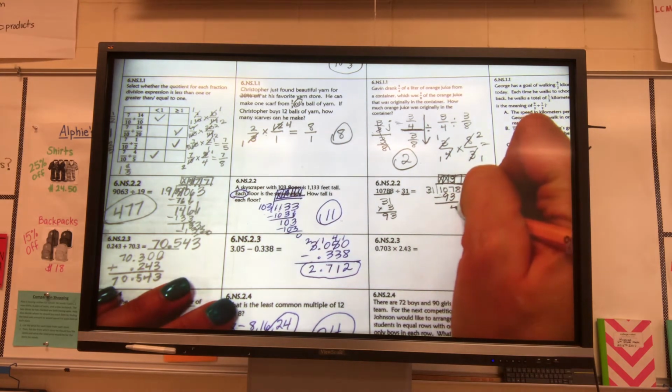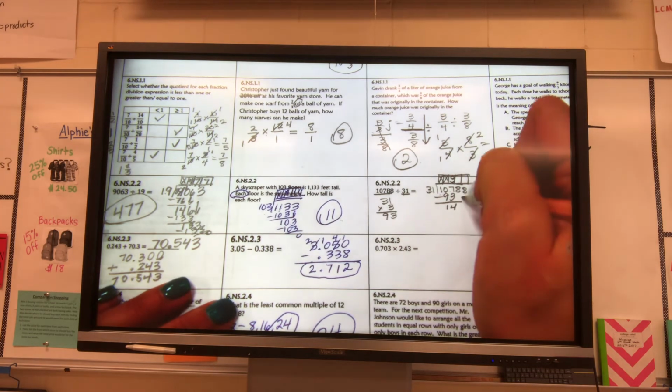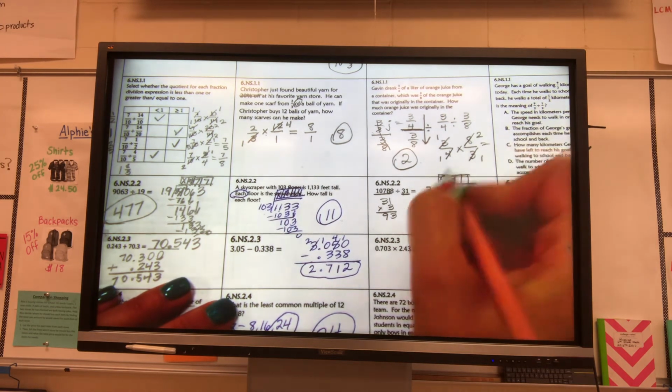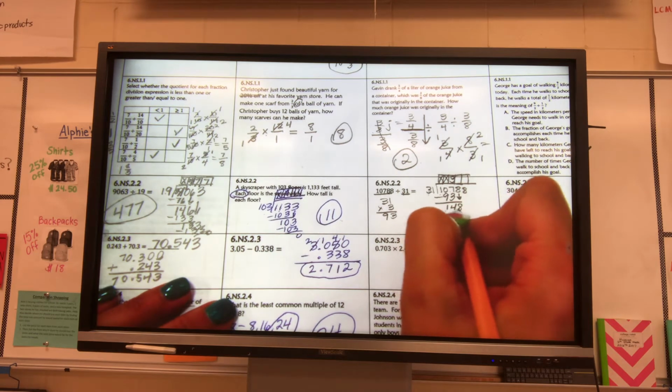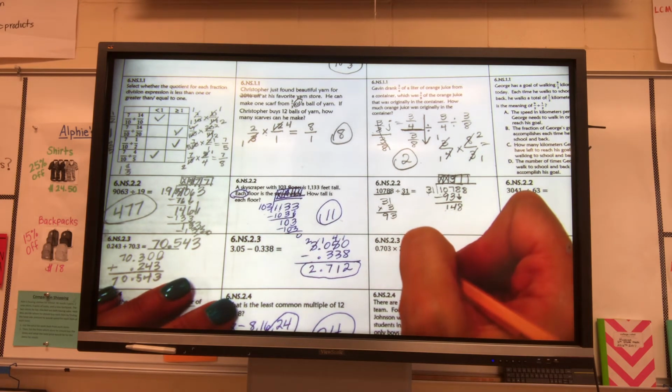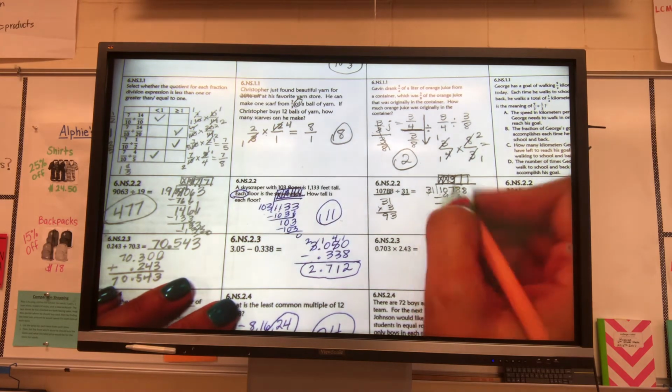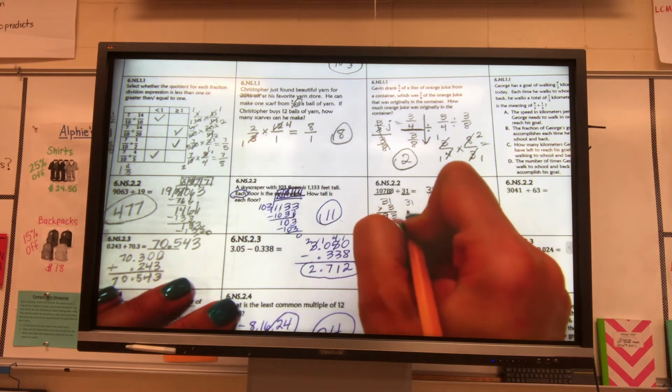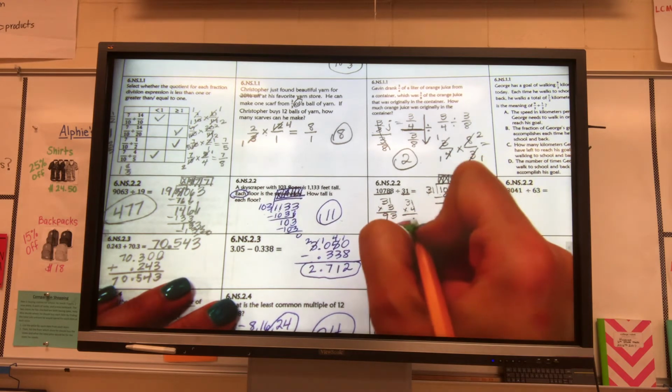So subtracting, I get 14. Again, I'm thinking 3. How many times does 3 go into 14? Well, if it would go in 12, that'd give me 12. So let's try 31 times 4. That would give me the 12. So we got 4 here and 124.